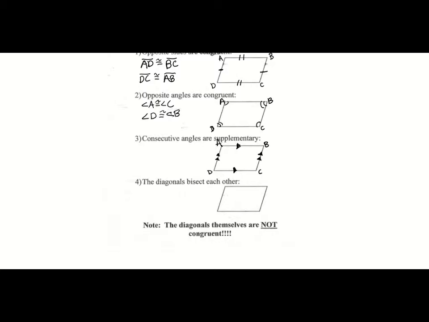So that means angle C plus angle B is 180 degrees. And we also know that angle A and angle D is 180. Then if you look at the other 2 parallel sides, we also know that angle A plus angle B is 180, and angle D plus angle C is 180.